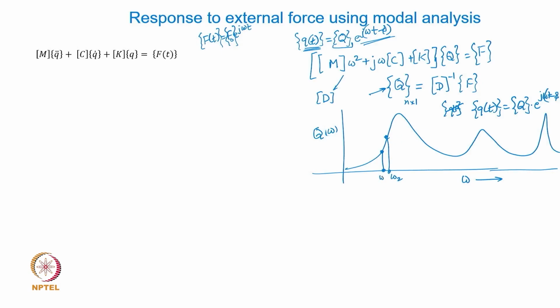So, this is omega 2, this is omega 1, countless number of omegas. If I change the excitation frequency, is this matrix the same? It is not, because this is dependent on the frequency of excitation.